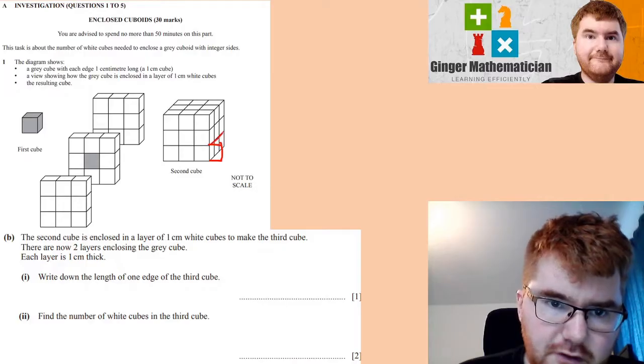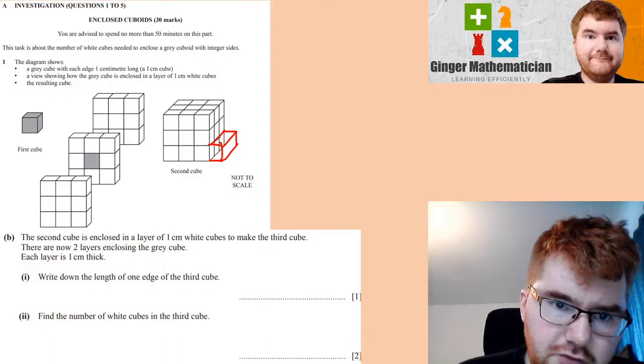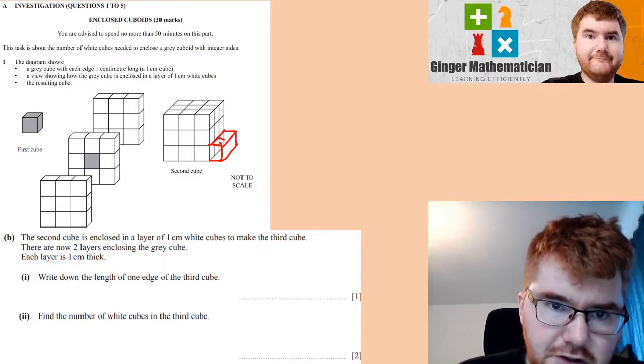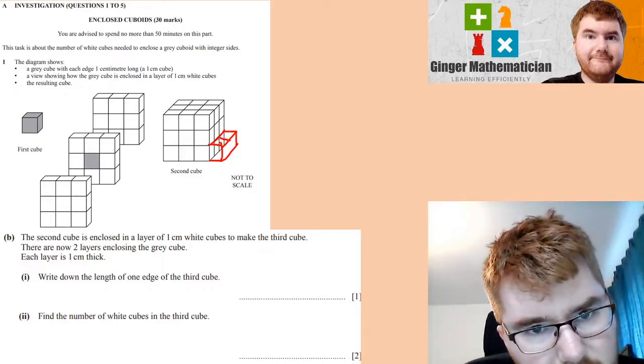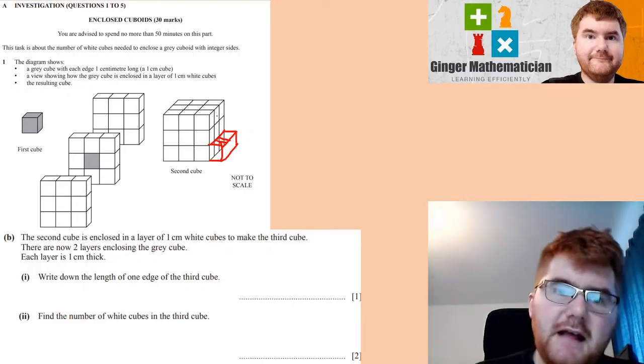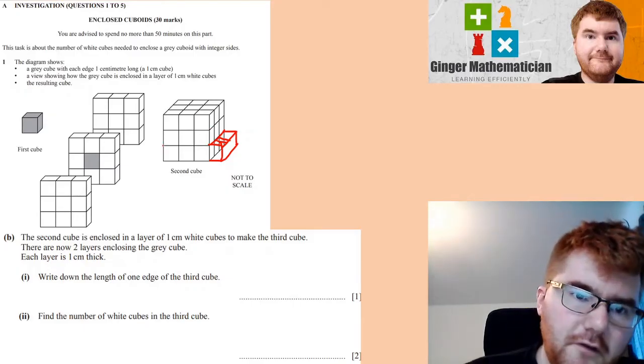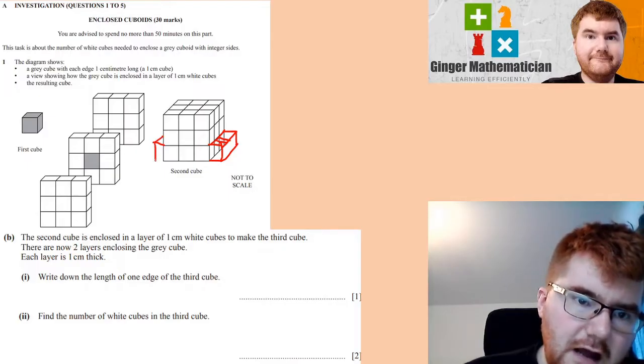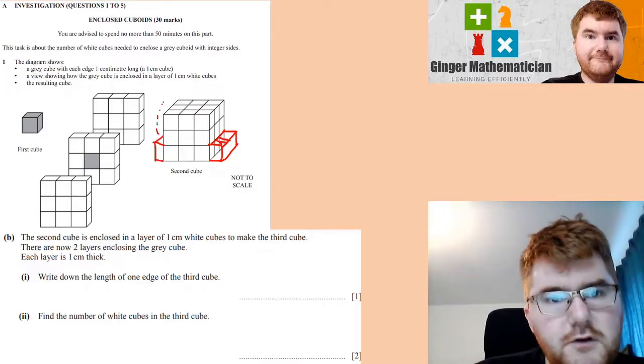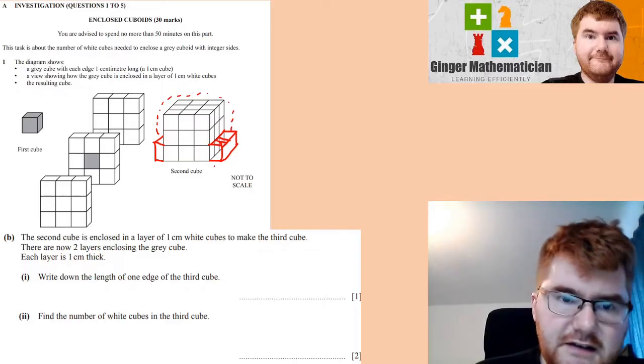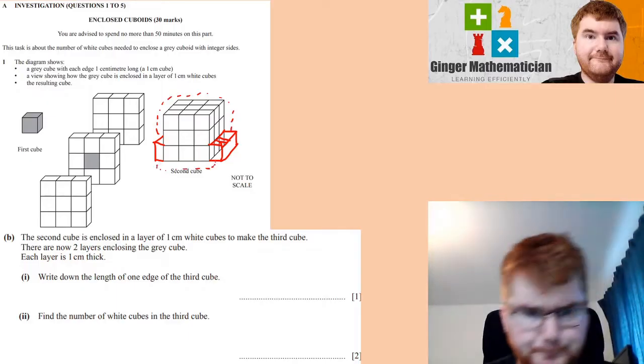I'm going to try and draw this just so you've got an idea of exactly what's going on. So we're drawing in some extra cubes like so. We should have 1, 2, 3, and you imagine the layers go up, but we also have it on this side as well. So we've also got another layer of cubes that goes all the way around the outside of the original cube.